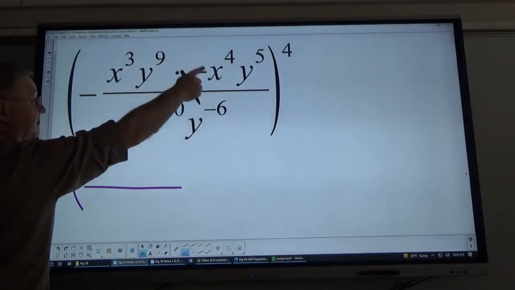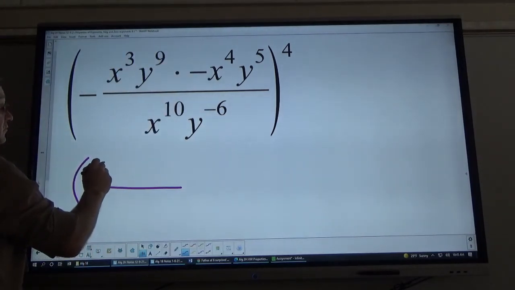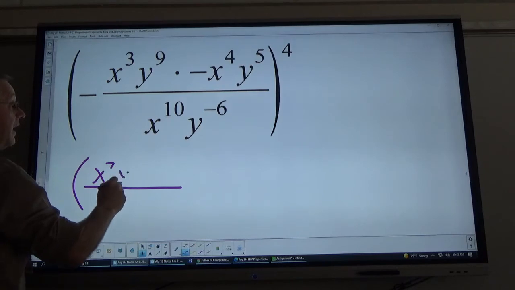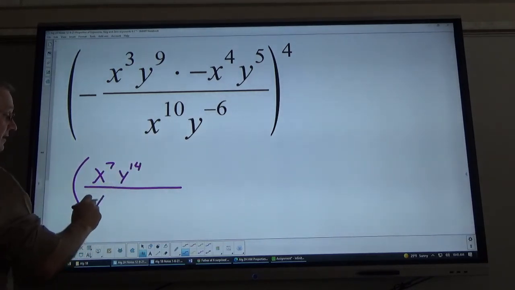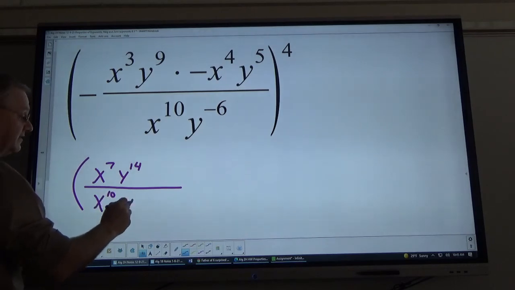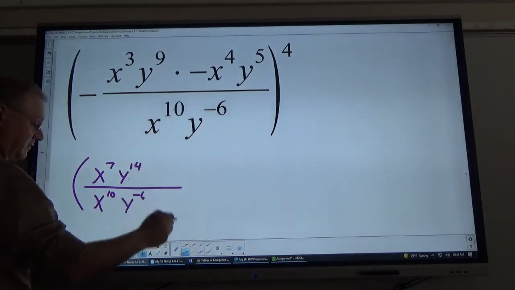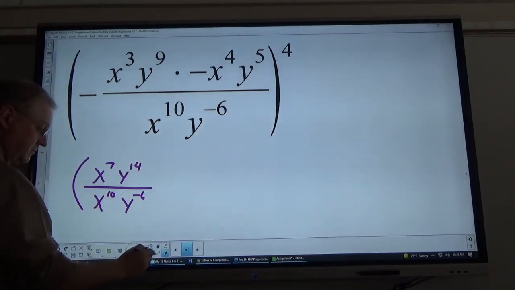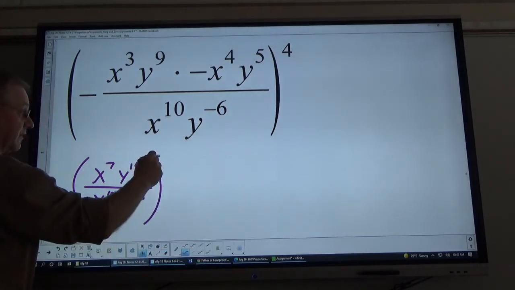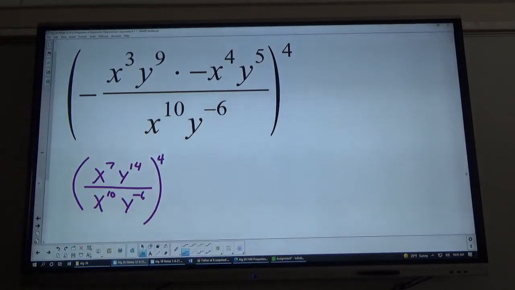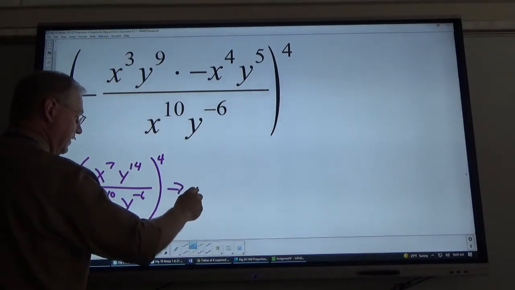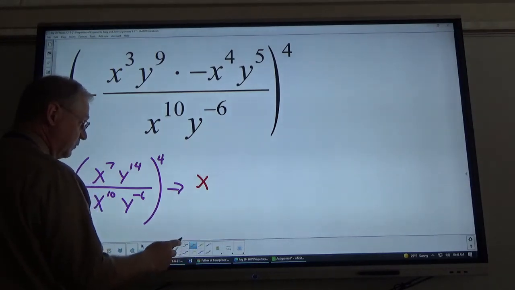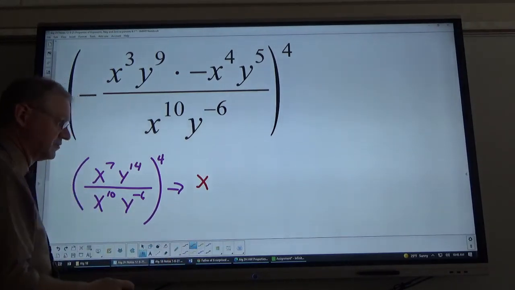X to the 3rd times x to the 4th is x to the 7. Y to the 14, x to the 10 on bottom, y to the -6, all raised to the 4. Now I can bring that negative 6 up first, which is not a bad idea. So x to the, in fact, why don't we do all the reducing at once?